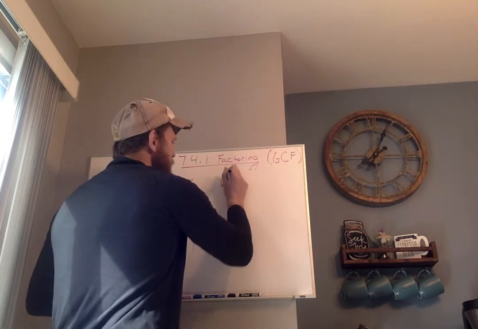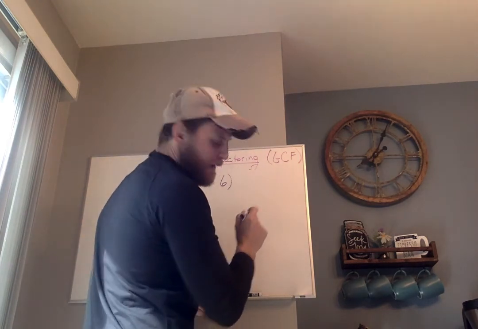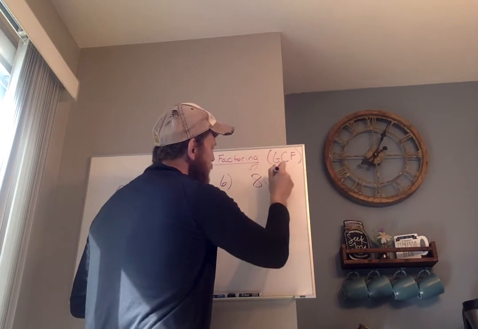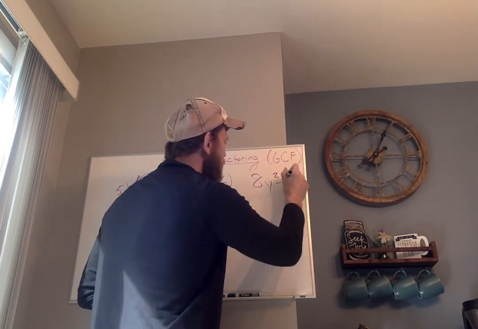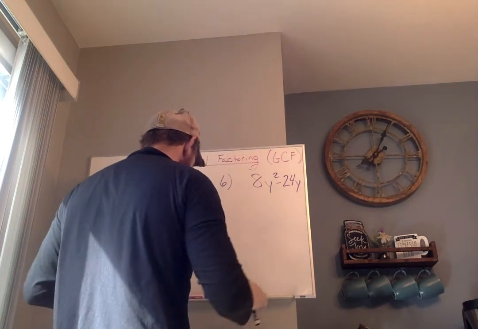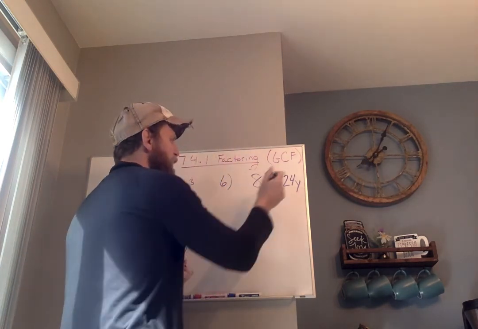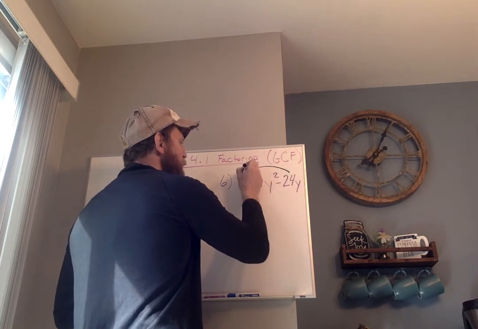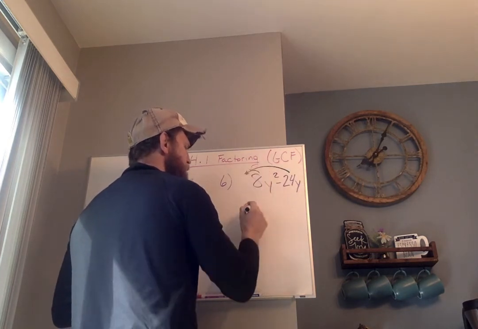All right, the last one I'm going to do for you guys is 8y squared minus 24y. So hopefully you can see that they both share a y, so we're going to pull at least that much out.